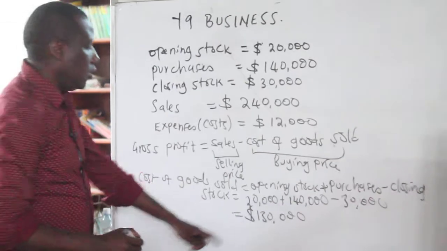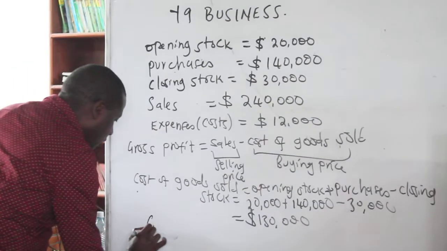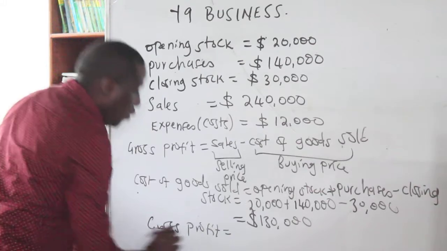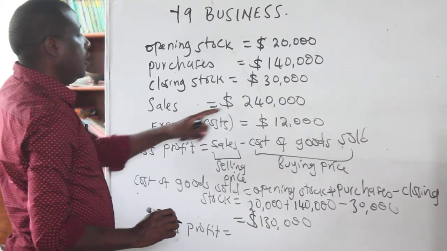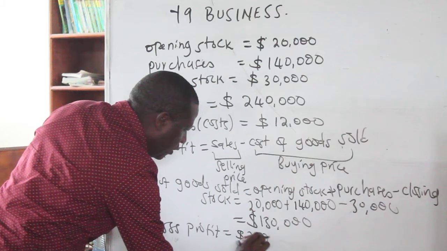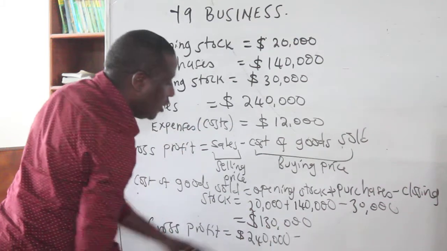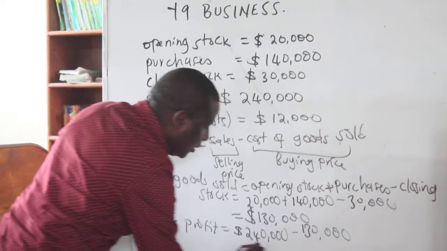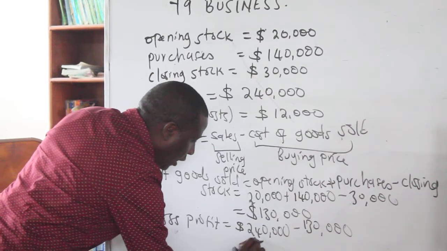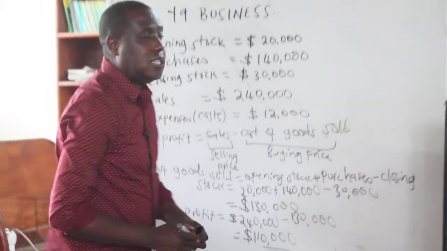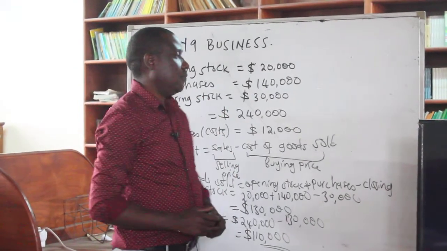The cost of goods sold. Therefore, gross profit is equal to sales, and sales is $240,000. $240,000 minus cost of goods sold, which is $130,000, which gives us $110,000. That is the gross profit.